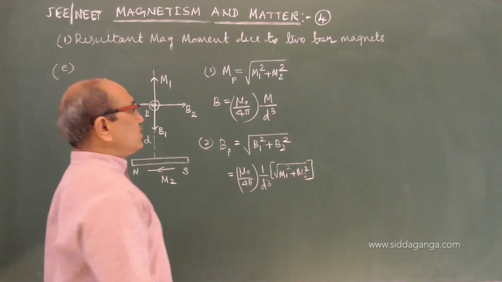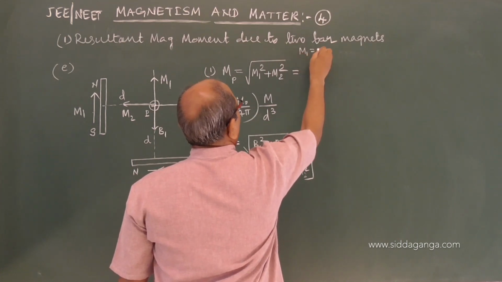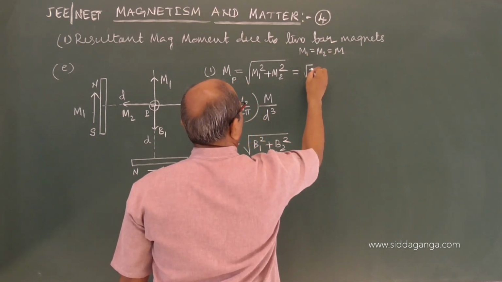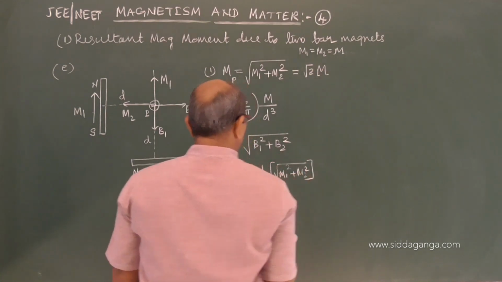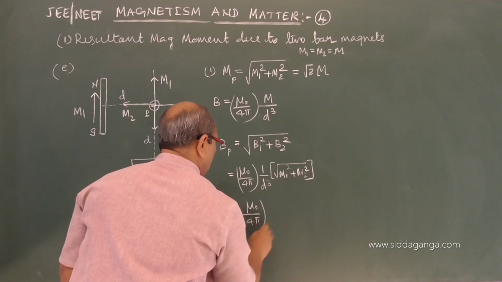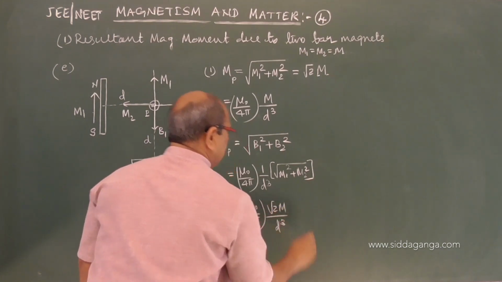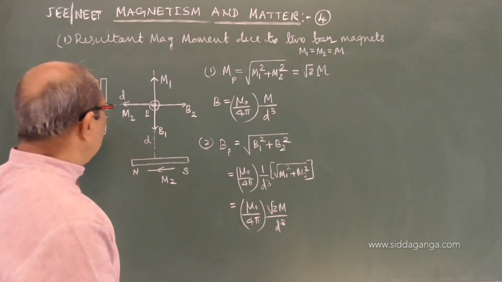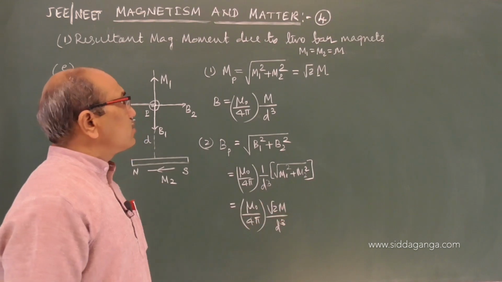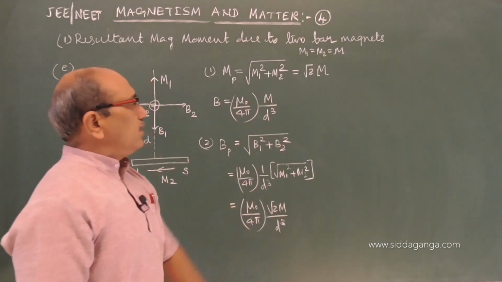If they are of the same magnetic moment, M1 equal to M2 equal to M, identical bar magnets, this becomes root 2 M, and this also becomes mu naught upon 4 pi into root 2 M upon d cube. That depends upon the moment. If both are identical, you can write this equation. Otherwise this appears, and here it is also the same relation if they are of identical type.